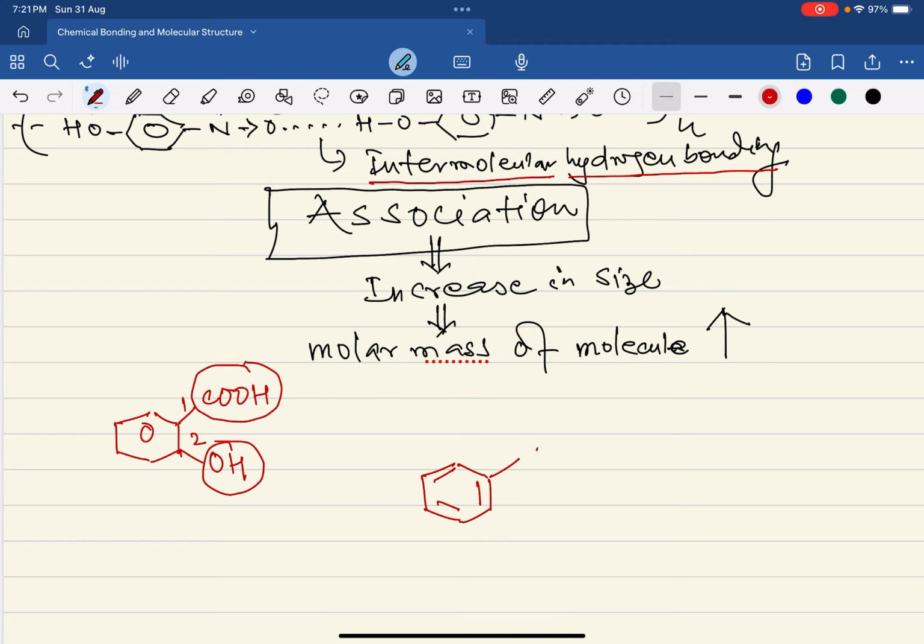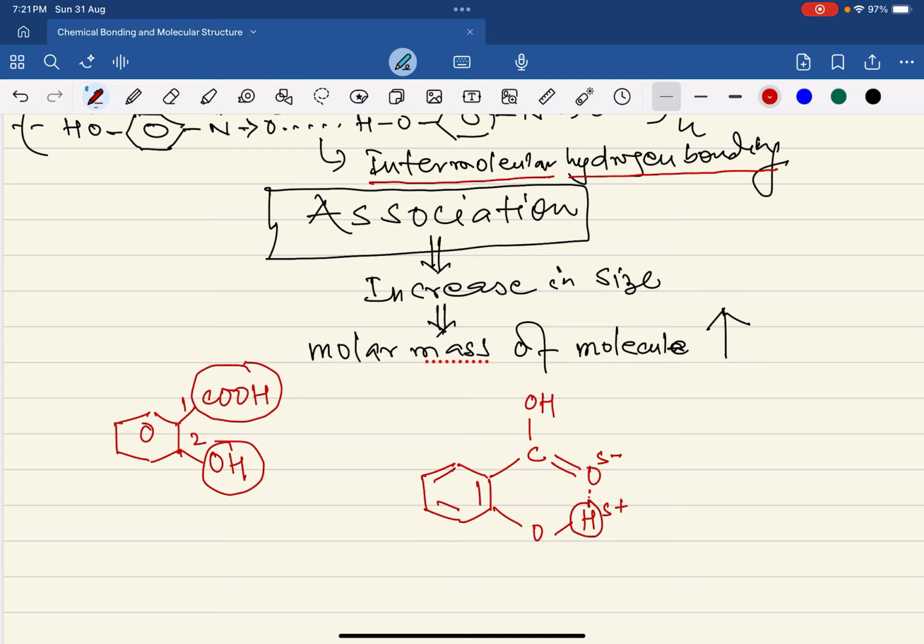In this case, C, OH and double bond O, in this case O and H. So, hydrogen acquires positive, oxygen acquires negative. Due to chelation, this electronegative element oxygen and this electronegative element oxygen, and the intermediate is hydrogen.